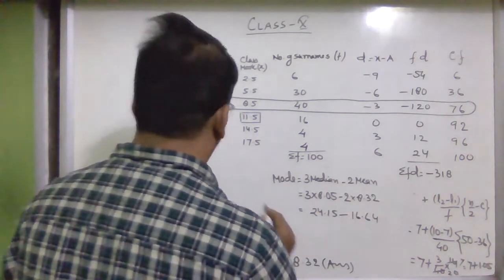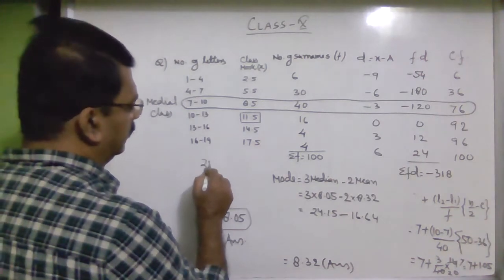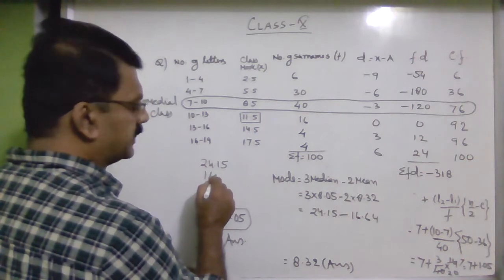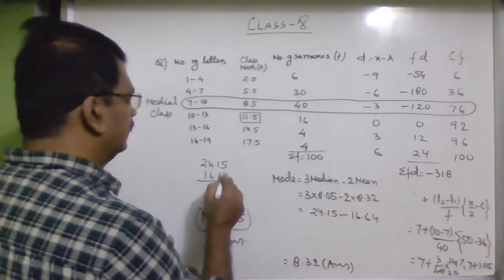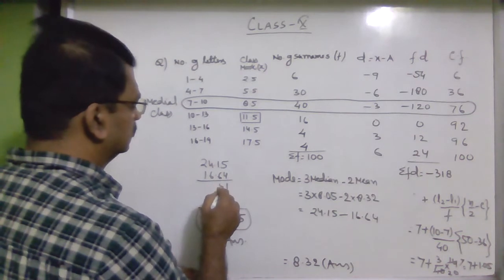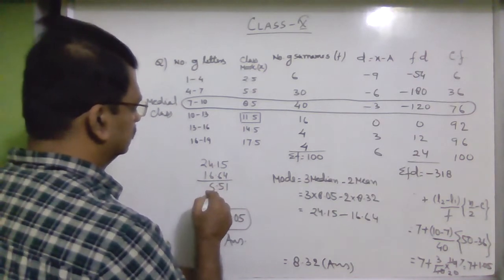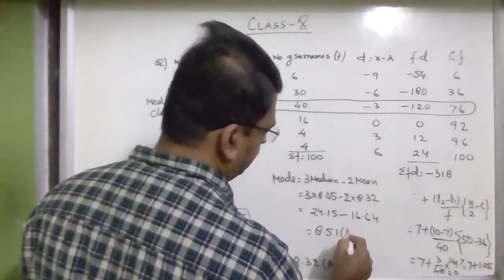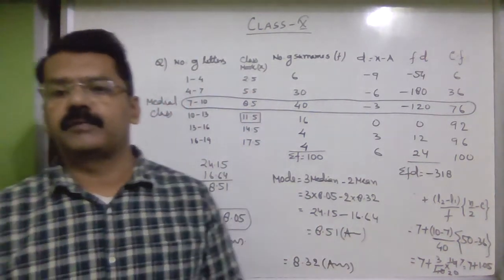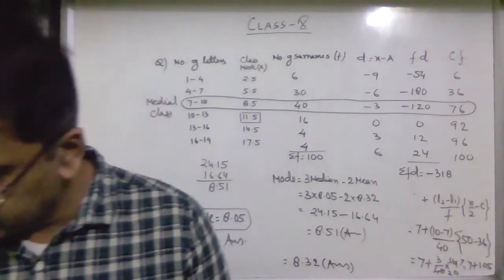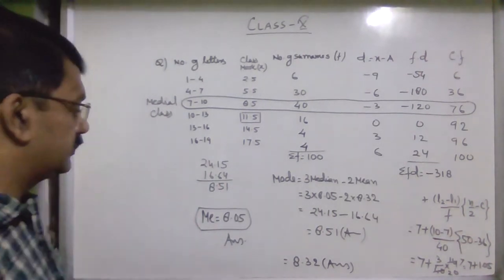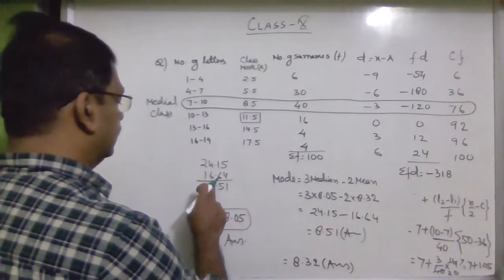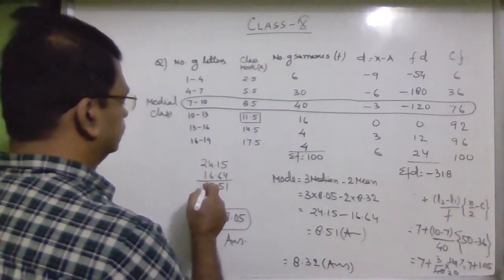Okay, now you subtract 16.64 from 24.15, and when we subtract, you can see we have found the mode as 7.51.